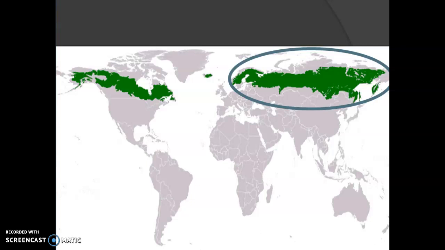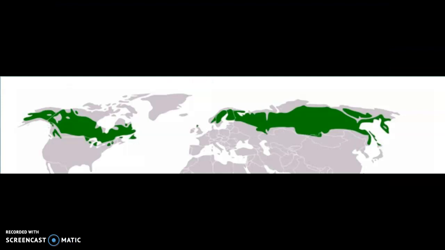These particular areas, even certain fringes in the northern part of China, as well as the northern fringes of Mongolia. So these regions encompass largely the northern coniferous forest in the Eurasian part of the world.